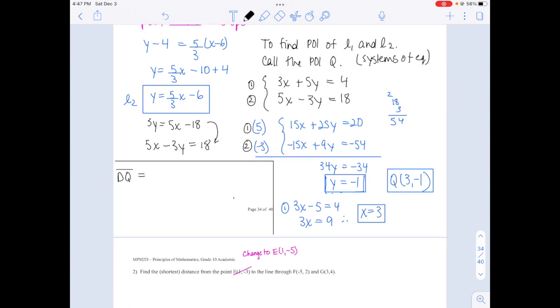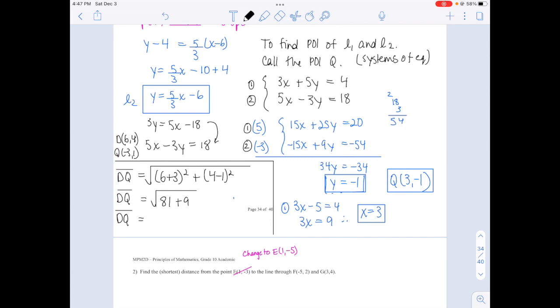Okay, so I know that Q is 3, -1 and D is 6, 4, so I just substitute it into my formula. So I get 6 minus 3, squared, plus 4 subtract -1, squared. DQ is 9 squared, which is 81, plus 3 squared, which is 9. DQ is root 90.